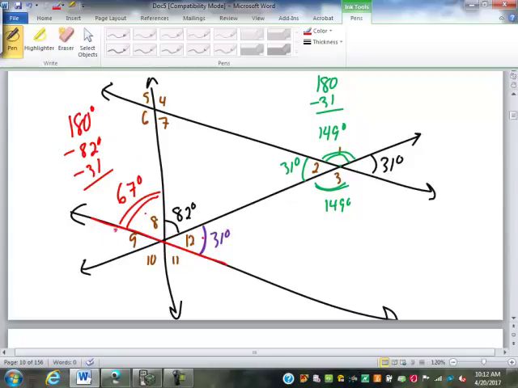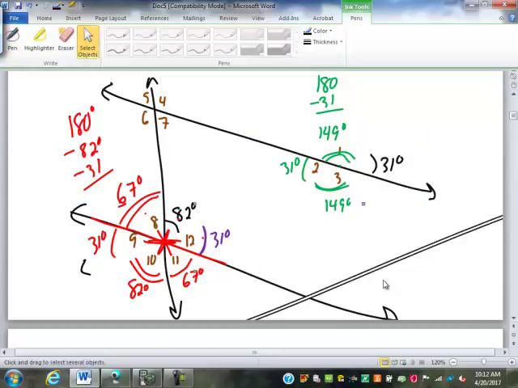Now that we have those 3, this one has to be 31 because it's vertical with that one. What's 10 here have to be? 82 because it's vertical with that one. And 11? 67 because it's vertical with the 67. And now again, if I pull this line out and ignore it, what do I know about angle 7 up here?